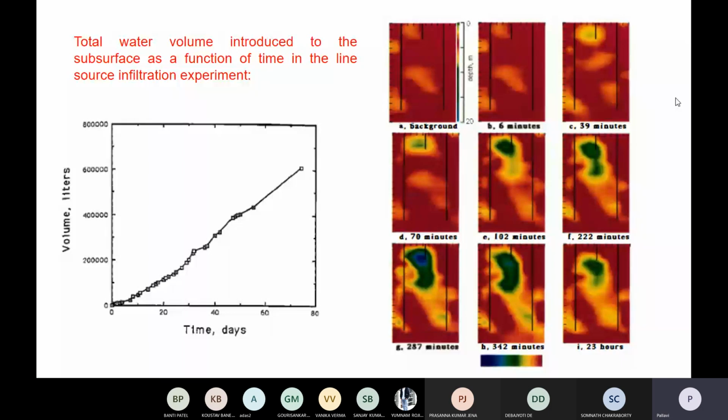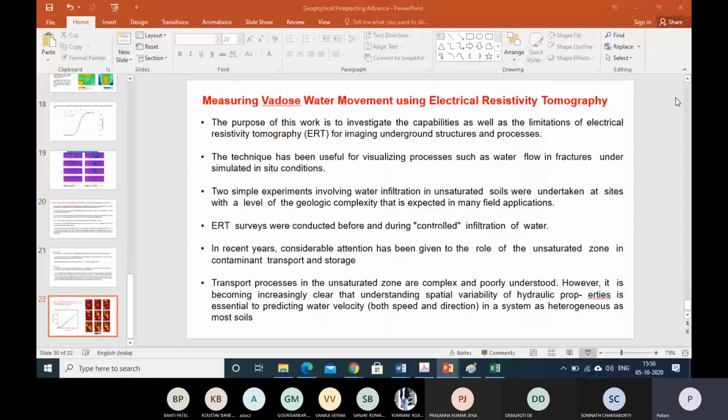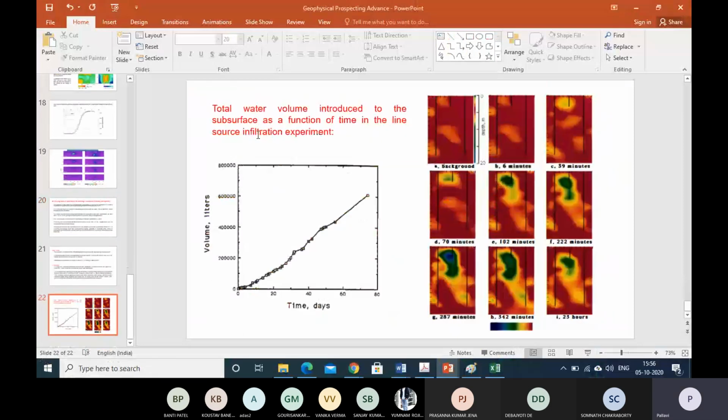So you can see how useful these geophysical instruments are. No need to take samples, do soil investigation, or consider temperature and climate conditions. Just directly you can estimate the movement of water. So two examples we have discussed for using ERT.